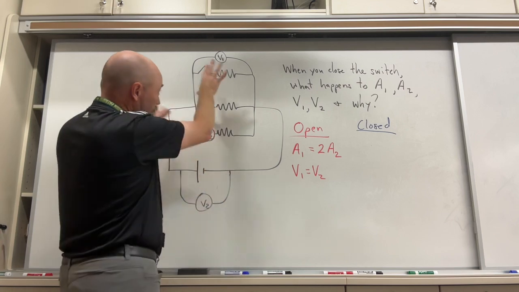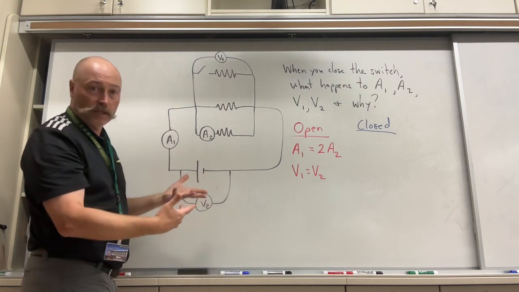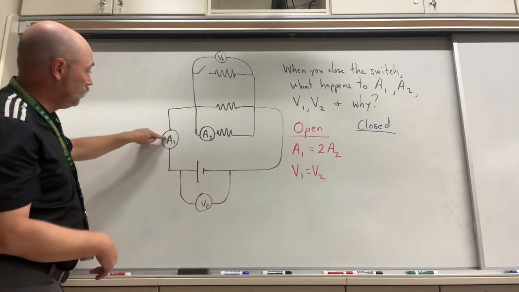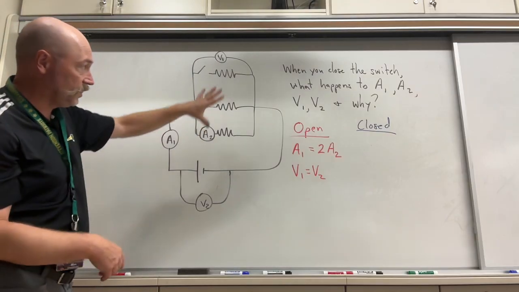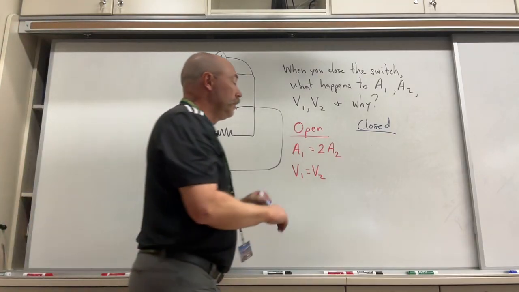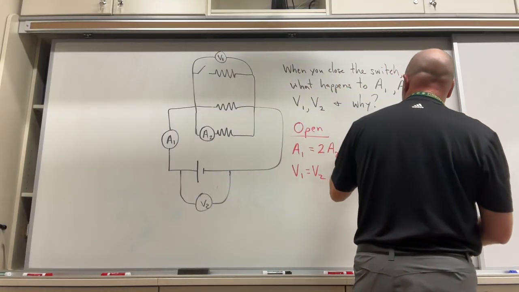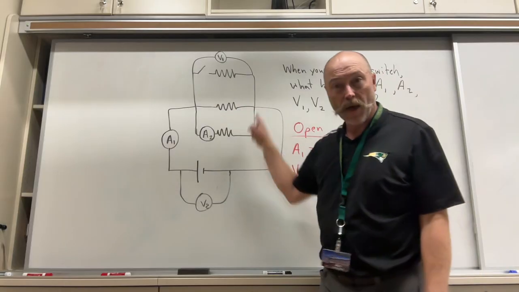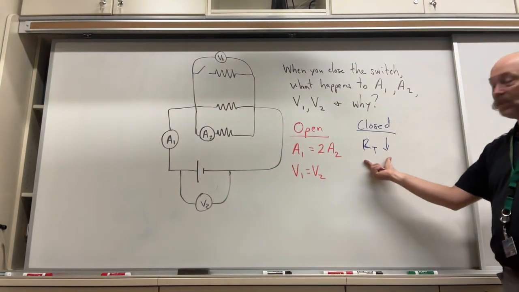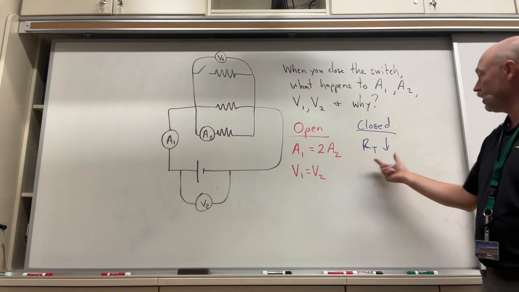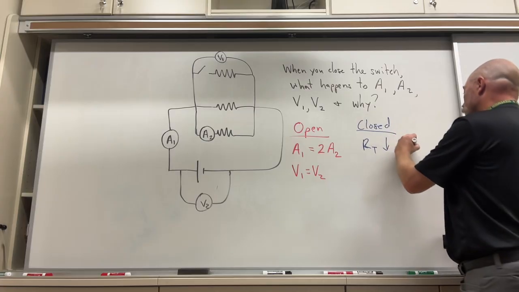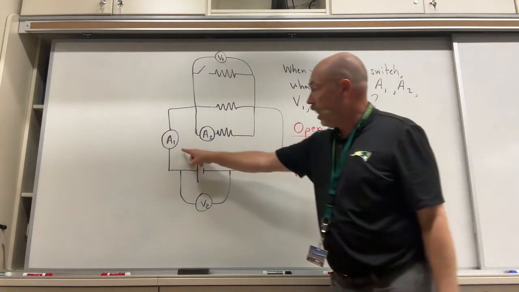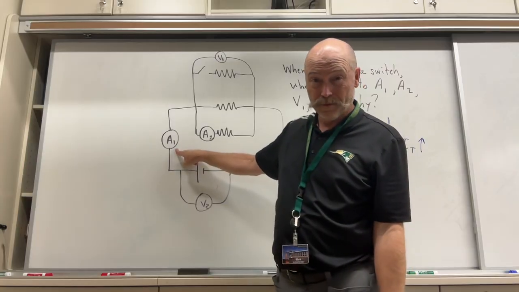That means the total resistance of my circuit is going to decrease. Why? Because there's one more path to go around. When you add resistors in parallel, the total resistance goes down, which means my total current is going to go up, which means A1 is going to go up.